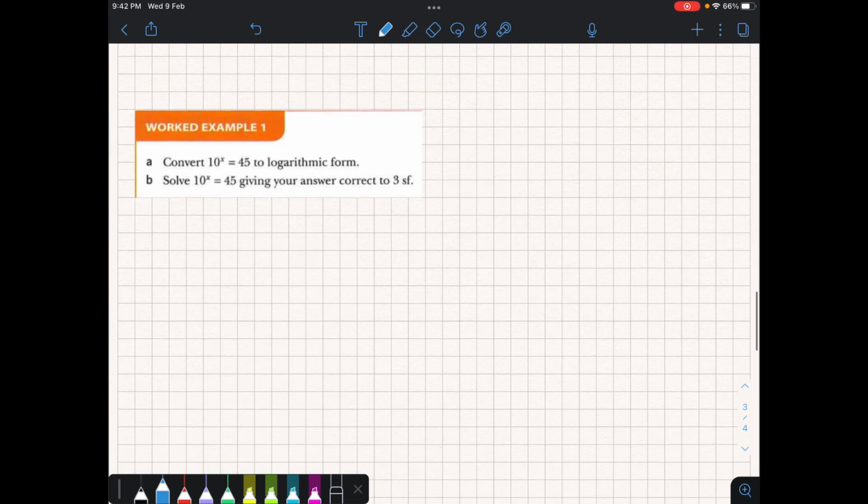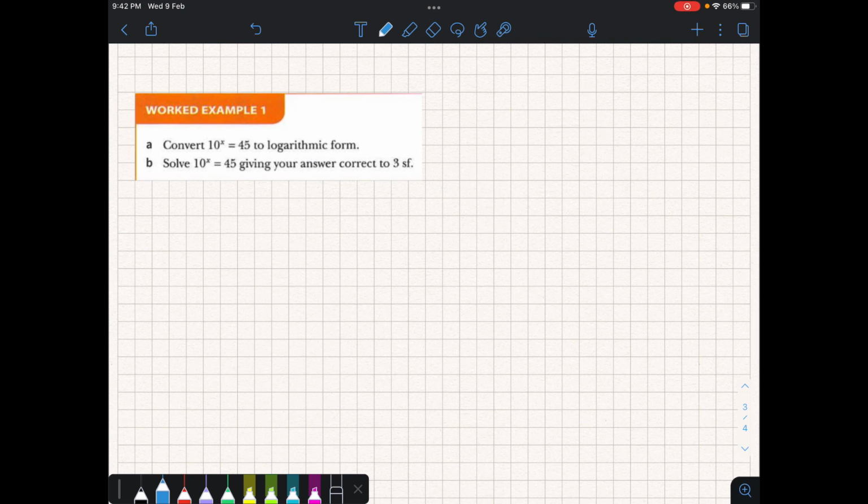All right, let's look at some examples. Here we're being asked to convert 10 to the power of x equal to 45 to logarithmic form. Now there are two ways to do this. The first way is by identifying the different parts of the log. Here we can identify the base, the exponent, and the value.